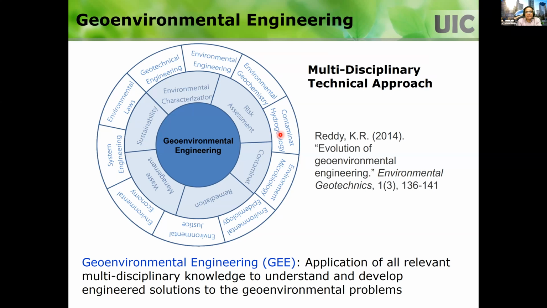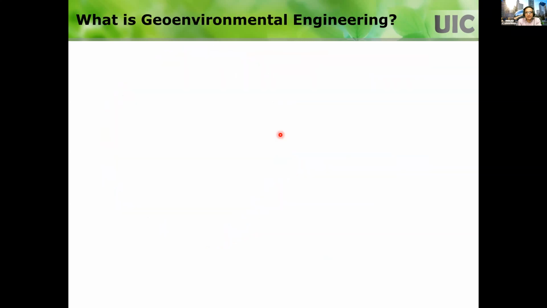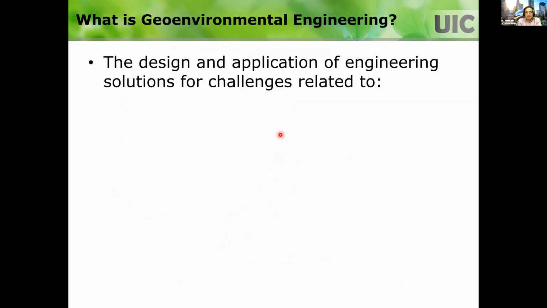And now, this word geoenvironmental engineering is used much more commonly than environmental geotechnics. So environmental geotech is, as I said, just conventional geotechnical engineering applied to environmental problems, but geoenvironmental engineering is looking at the problem holistically, trying to solve the problem with all the multidisciplinary knowledge that is needed.